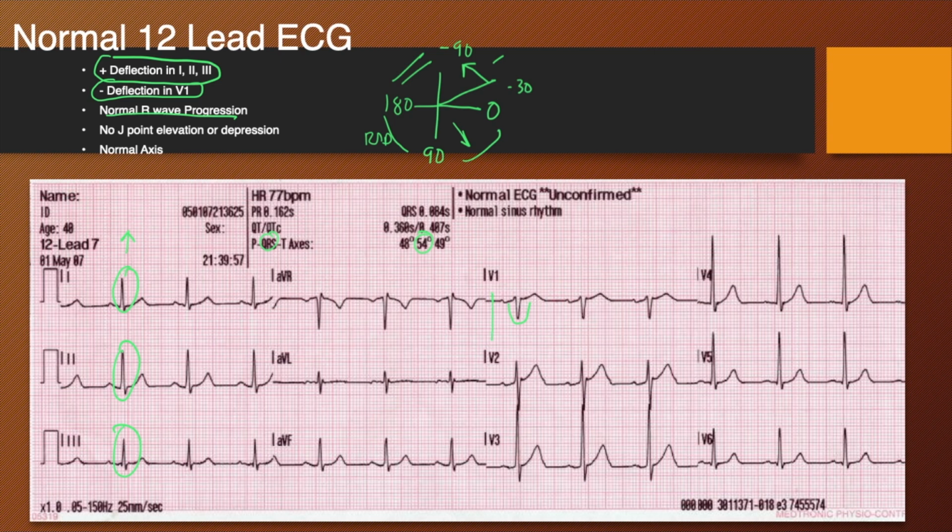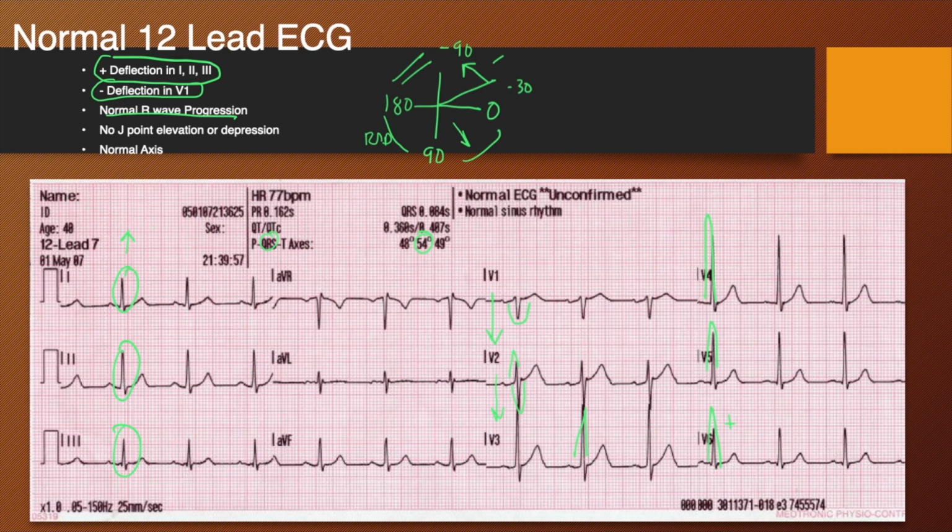Then as I move from V1 to V2, you will have a biphasic QRS, where half goes above the baseline, half goes down. In V3, you should have a positively deflected QRS. In V4, the R wave should be even taller and positively deflected. Then V5, and finally V6, you should have a QRS that's positively deflected, but the R wave should get shorter.